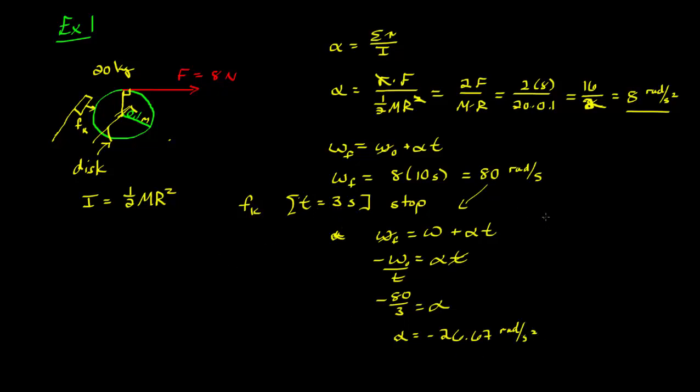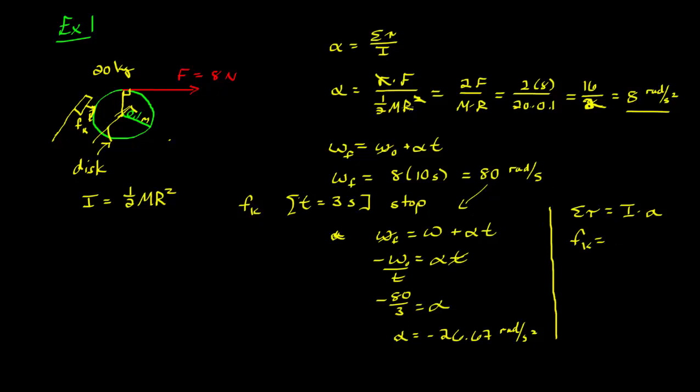Okay, so now we can figure out the torque that's going to be applied. This thing is rotating one way, so the torque is opposite. It's going to work this way because it's kinetic. Rearranging this, we get the net torque is equal to the inertia times the angular acceleration. And the only torque acting on it is the kinetic friction.